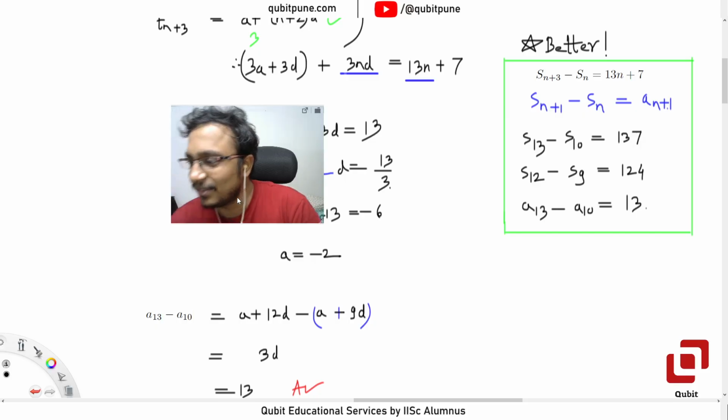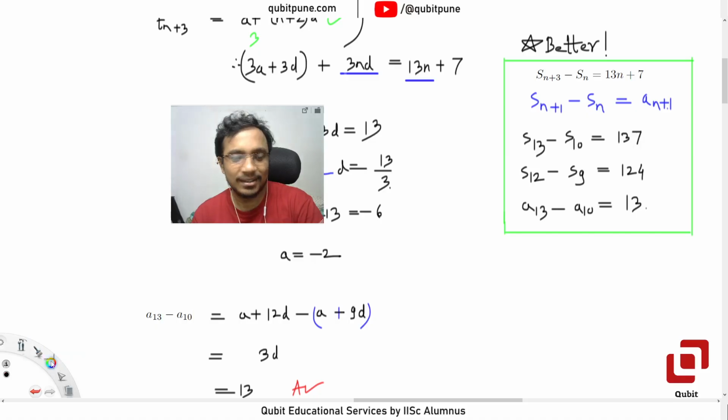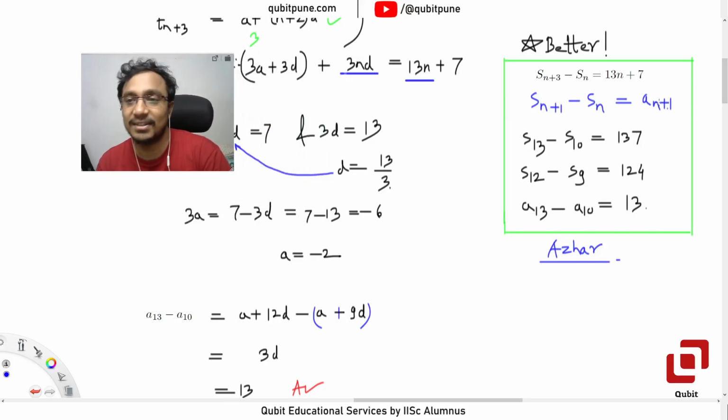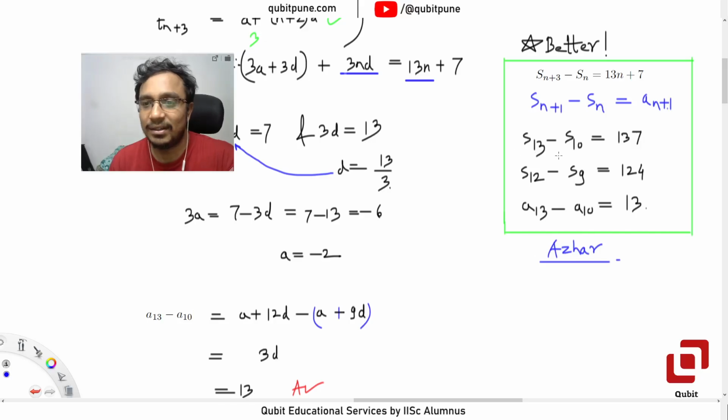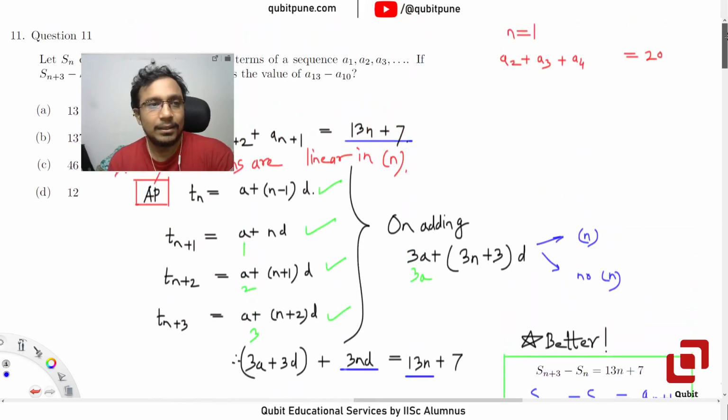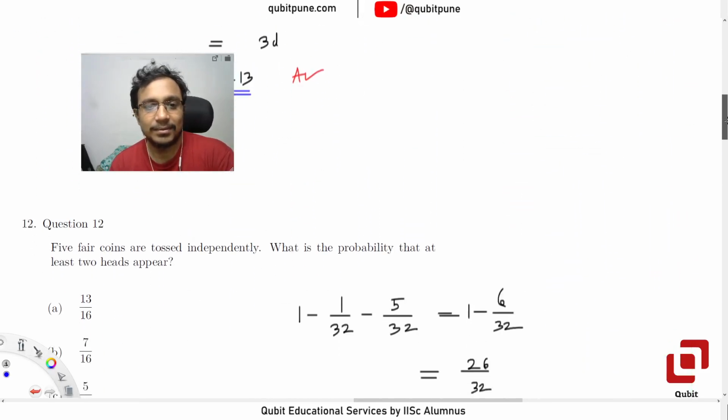Mr. AZ3, what is that? Sir, that's my Gmail ID. My name is Azhar. Oh, yeah, thank you. Yeah, Azhar's method is better than my method as far as the exam is concerned, because it lets you find the answer very easily. Thank you, sir. No issues.